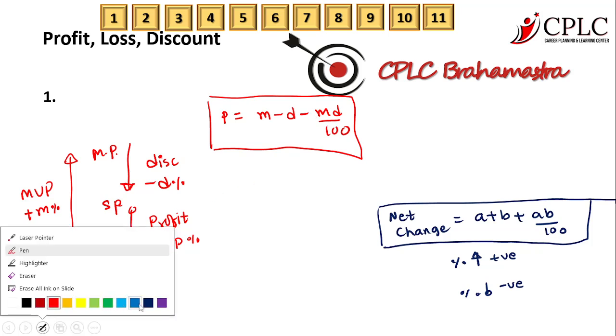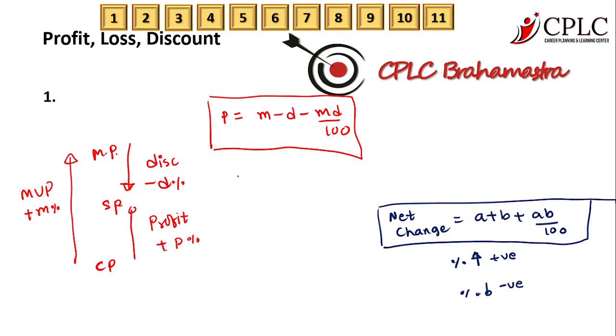Now let's do the substitution. They have given us 10% profit. They have given us 10% discount in the question, and they are asking us to find out the markup percentage, which we could have done straight away using this formula, basically in one line only. So how do we simplify now? Again, this minus 10 on this side goes to this side, becomes plus.